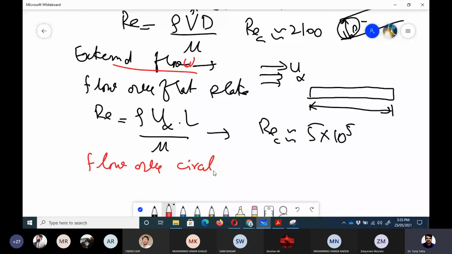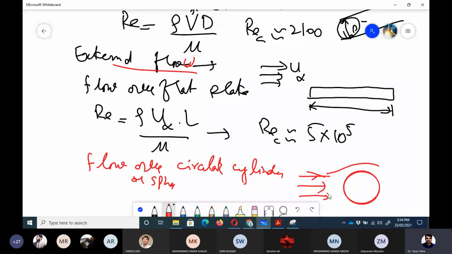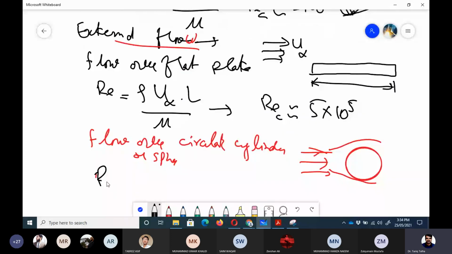That is something like this. Flow is coming from here and going over the top of this, right? For this case, if we want to define Reynolds number, because this is external flow, Reynolds number would be defined as rho into u infinity, where u infinity is the free stream velocity, 5 meter per second, 10 meter per second, coming in the fast stream, and then diameter divided by mu.